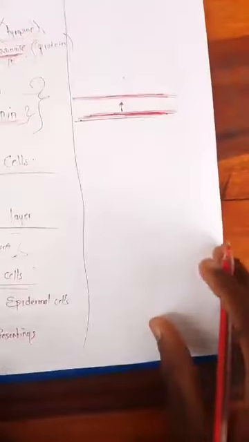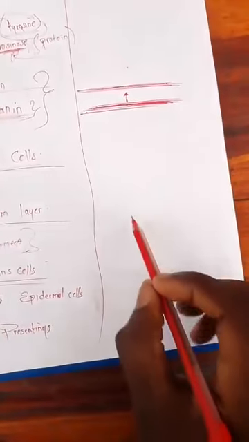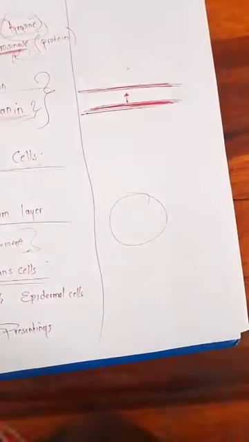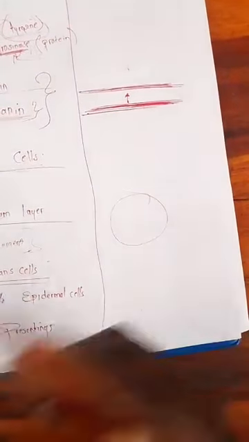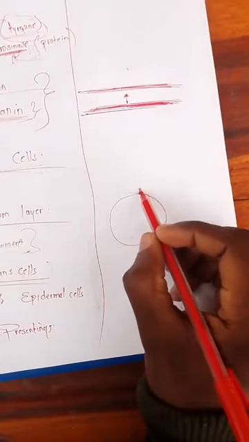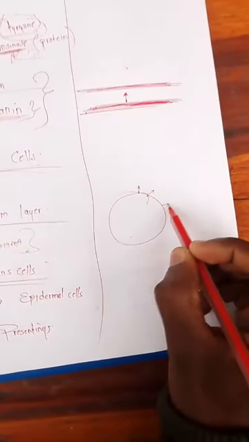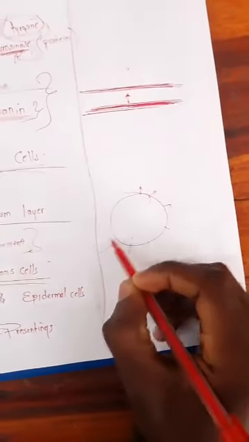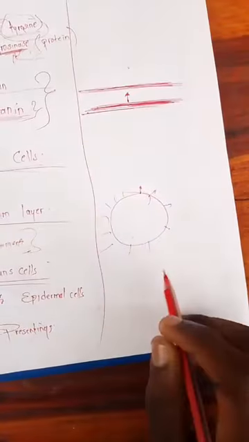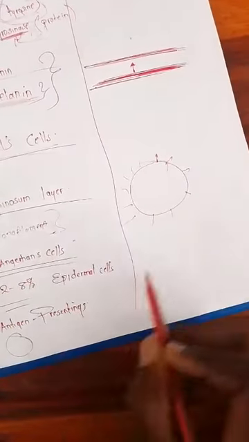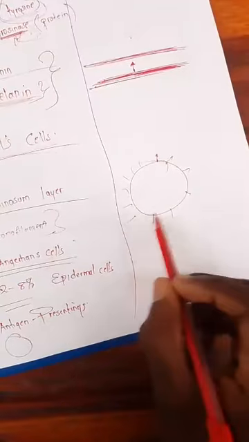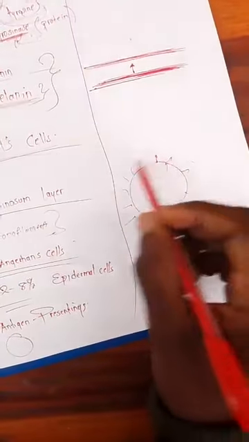For example, let's say you have a bacterial cell in your body. These bacterial cells have certain proteins on their surface, known as antigens. The Langerhans cells have the ability to present these antigens to immune cells.